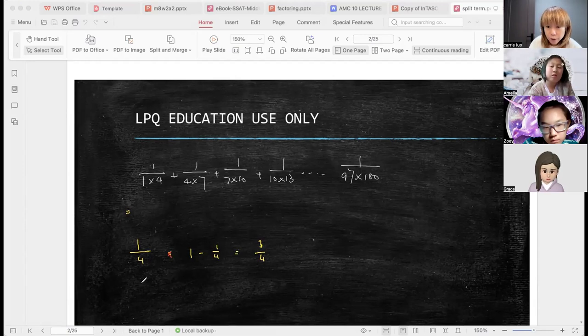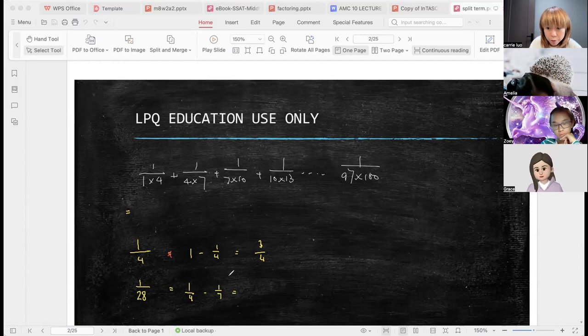Okay, so now, Zoe, I want to ask you a question. 1 over 4 times 7 equals what? Equals 1 over 28, right? So before we do that split, 1 over 4 minus 1 over 7, could you tell me what it equals? Equals 3 over 28.